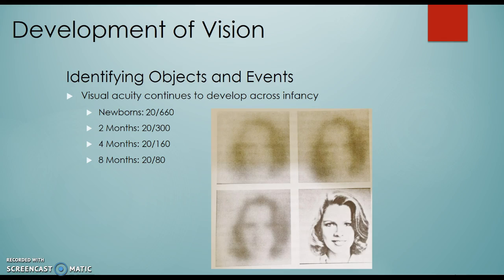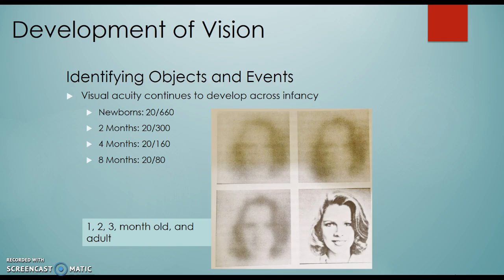So as you can see, in the top left box, the mother's face is really, really blurry. And then it gets a little bit more defined in the top right box. And then in the lower left box, it's even more defined. And then in the bottom right, it's the most defined. Here it is.